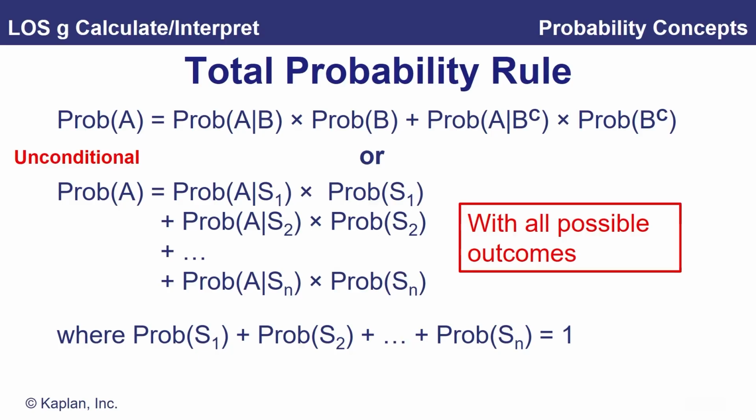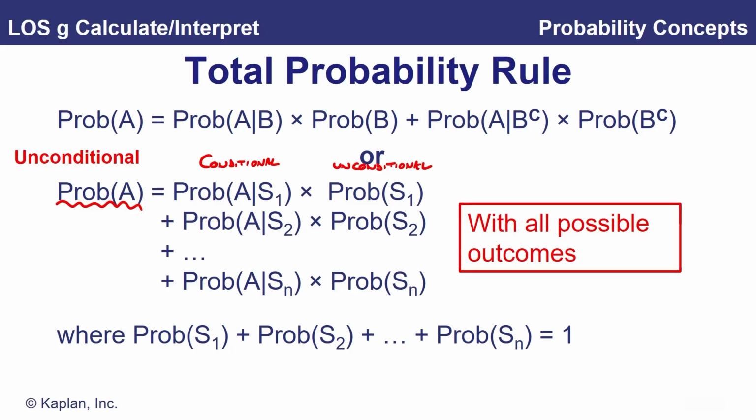So the unconditional probability of event A occurring, and we've been given some conditional probabilities and unconditional. Of course, if you take a conditional probability and multiply it by an unconditional probability, you've got a joint probability.